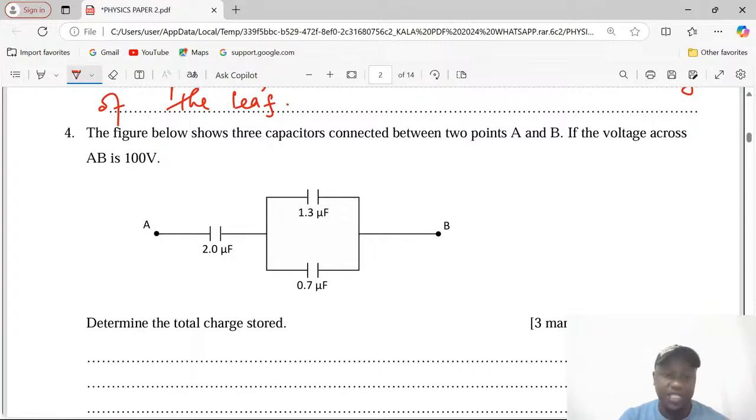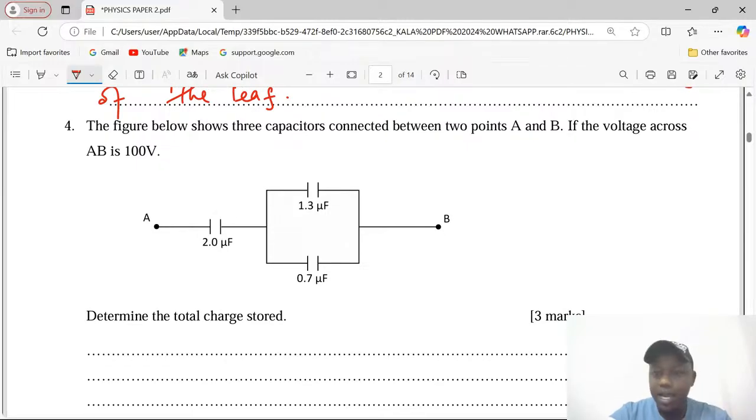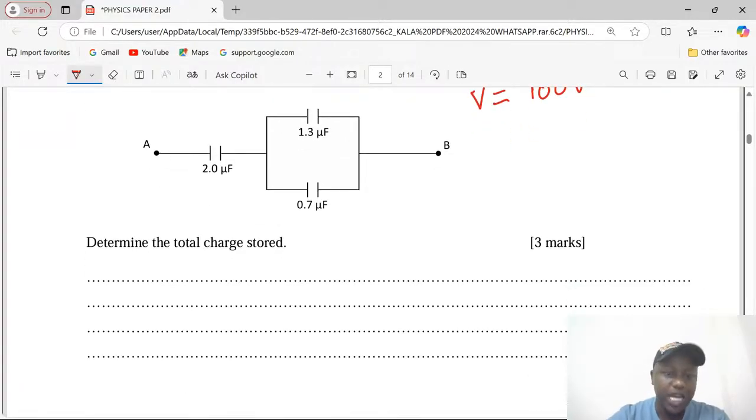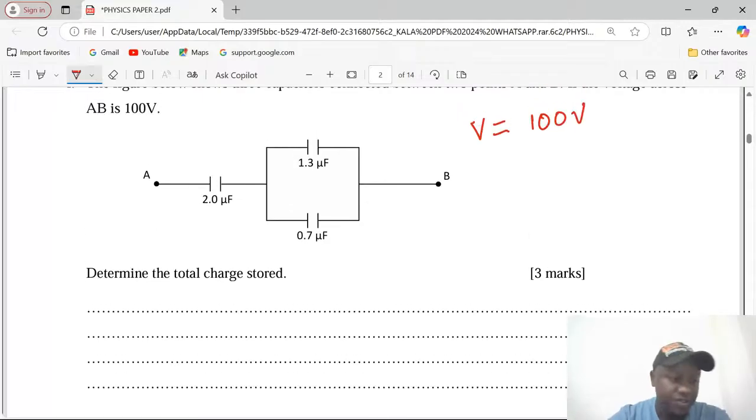All right, we are now being told that the figure below shows 3 capacitors connected between 2 points, A and B. If the voltage across A, B is 100 volts, determine the total charge stored.